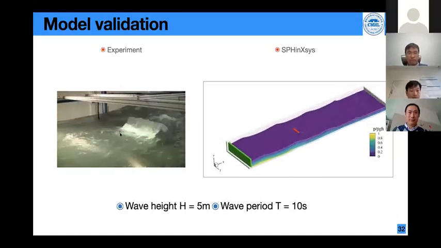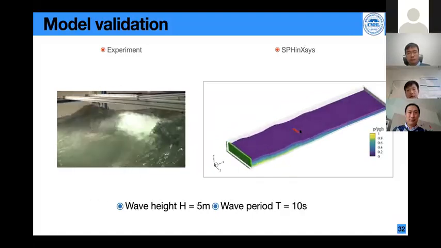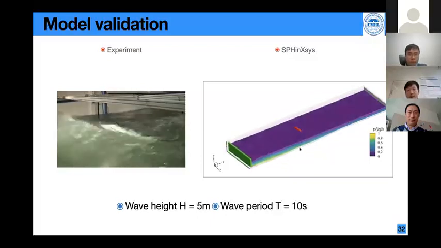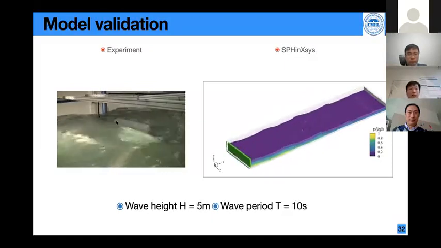As you can see here, a very clear slamming phenomenon is observed in the experiment. However, in the simulation, no visible slamming phenomenon is generated. We believe that this may be due to the fact that the resolution is not high enough. So maybe in future work, we can study this slamming phenomenon by increasing the resolution.